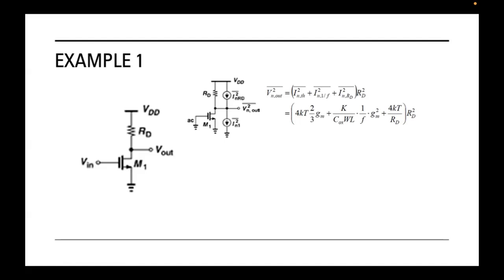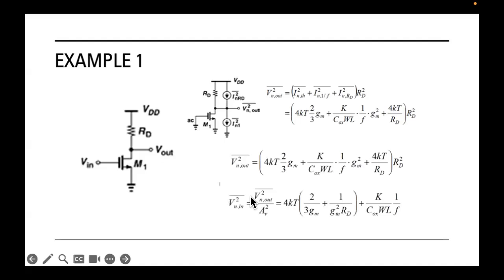It's very easy. We already know that V output over V input equals what's called the AV, or the voltage gain. So in order to represent the input voltage noise, this is simply the output voltage noise over the AV, or the gain. And of course, here we have the gain square because we have input and output voltage square.